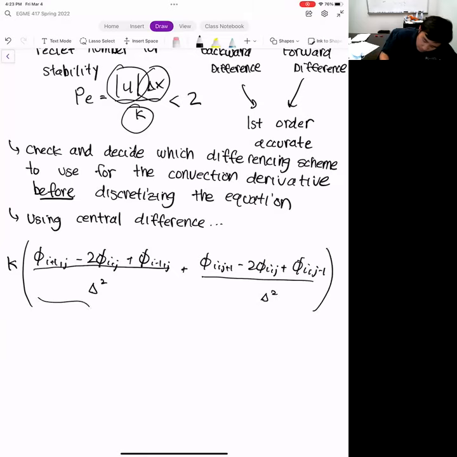This term came from partial squared phi partial x squared. This one came from partial squared phi partial y squared.